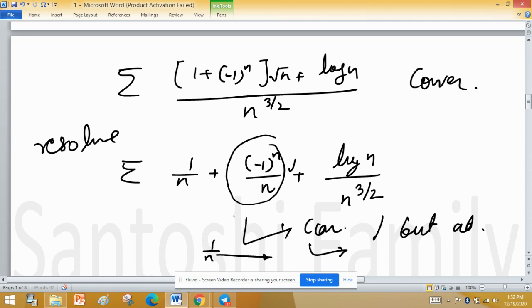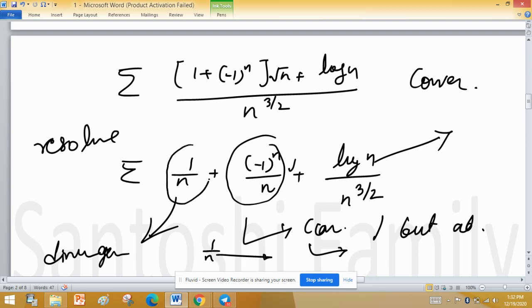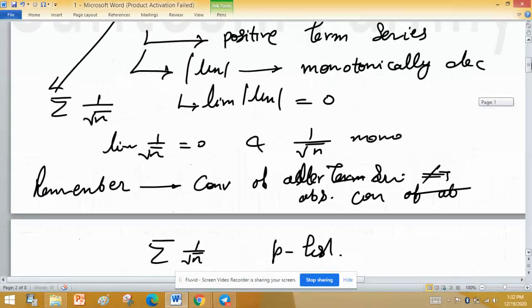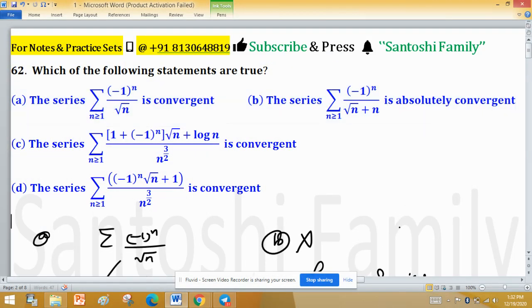Both conditions of the Leibniz test are fulfilled here, so this alternating series is convergent. Now this other part is a divergent series. Since one of them is divergent, the entire result will be divergent. So option C is also false here.